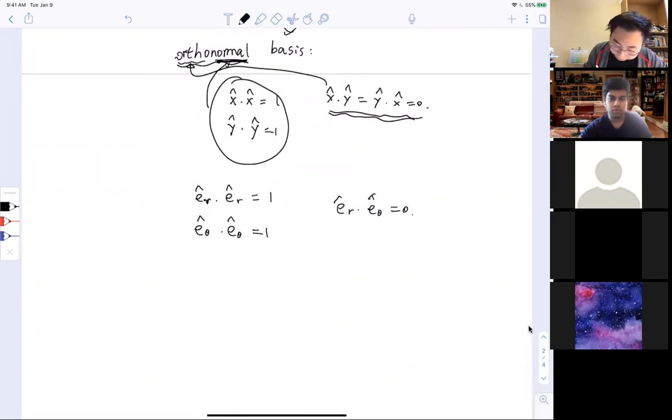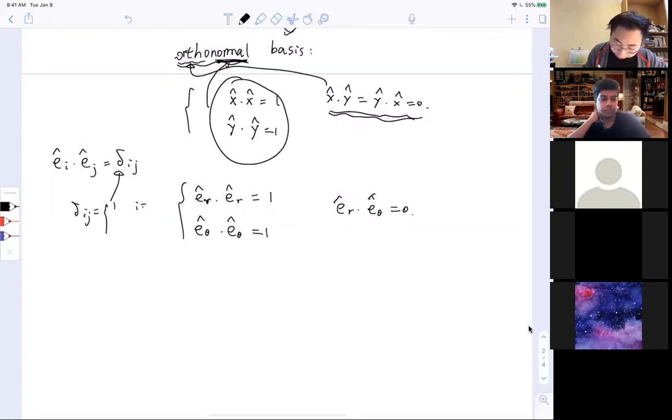Using the Einstein convention, we can denote this orthonormal condition as e_i dot e_j equals delta_ij. Delta_ij is just a symbol equal to 1 if i equals j. If i not equal to j, it's 0, right?